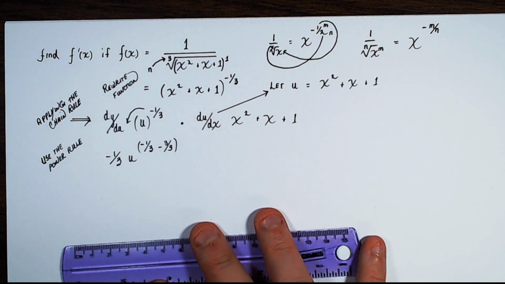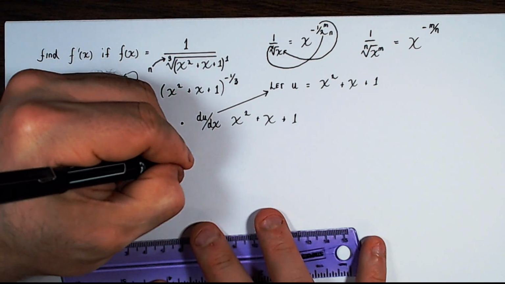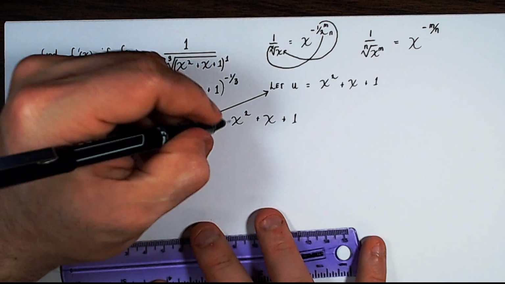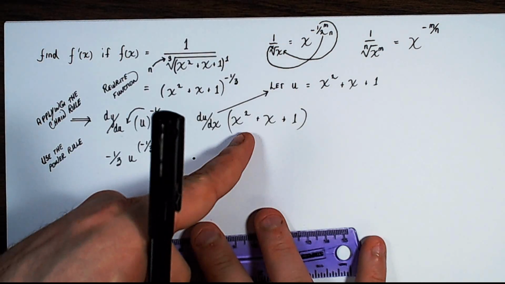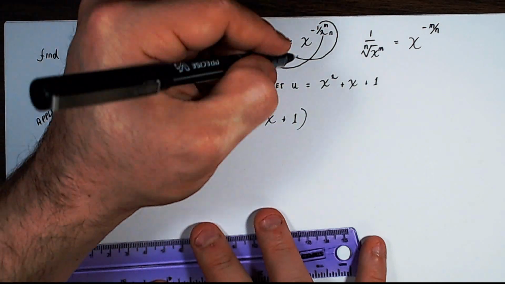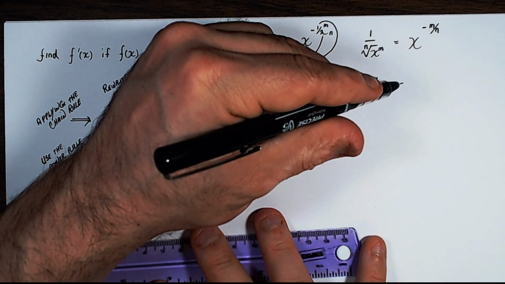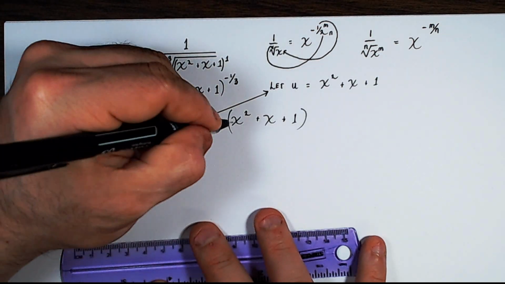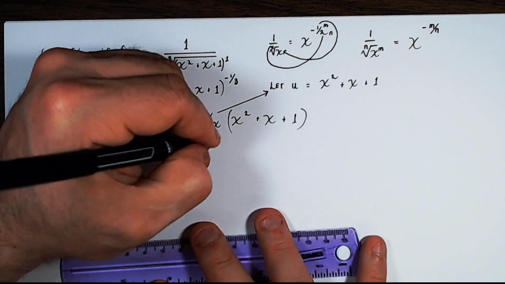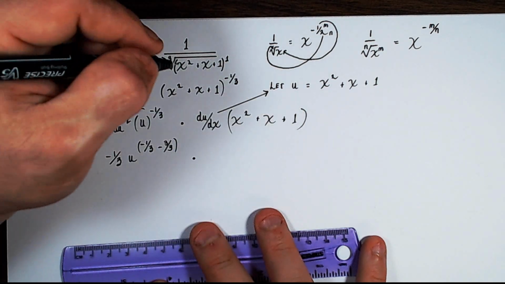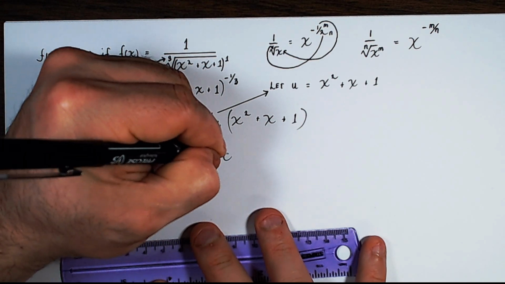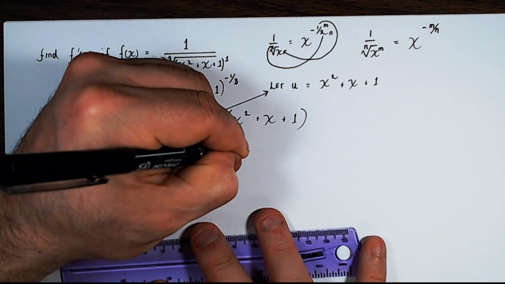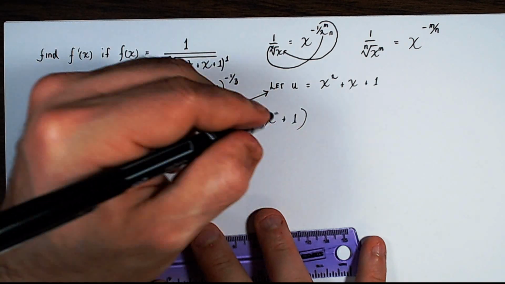That's the power rule. Multiplied by, now let's differentiate u with respect to x. We're going to differentiate this function up here. So power rule again on this quadratic expression gives 2x plus 1. Okay, and the 1 falls away completely.